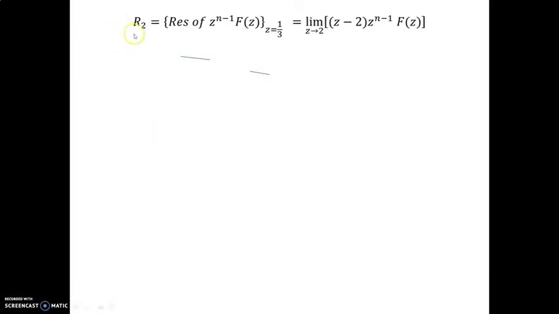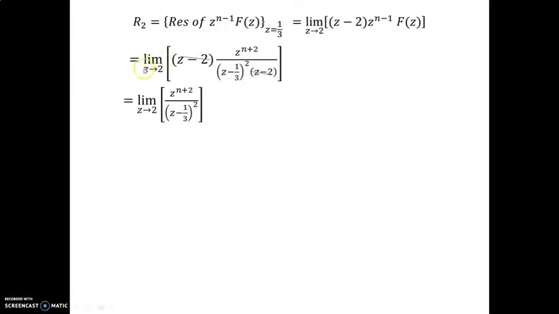Next, to find the second residue R2, z equal to 2 is a pole of order 1; this was wrongly typed as 2. So limit z tends to 2, (z minus 2) times z power n plus 2 by (z minus 1 by 3) squared into (z minus 2); z minus 2 cancels.